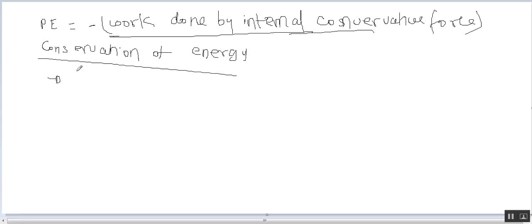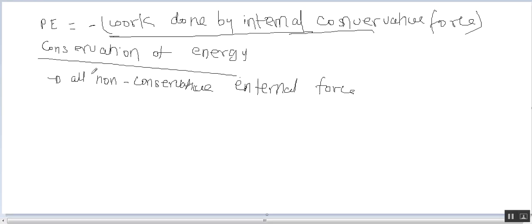So, first thing: all non-conservative internal forces, their work done may be present.